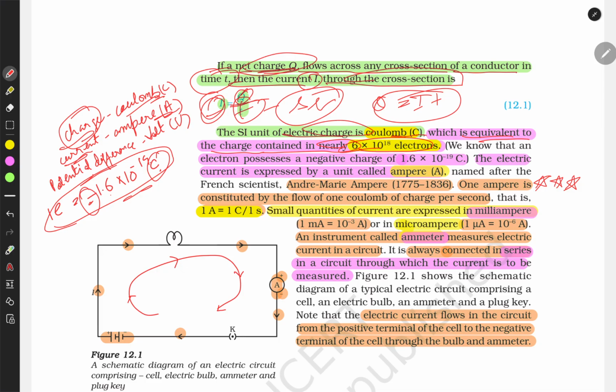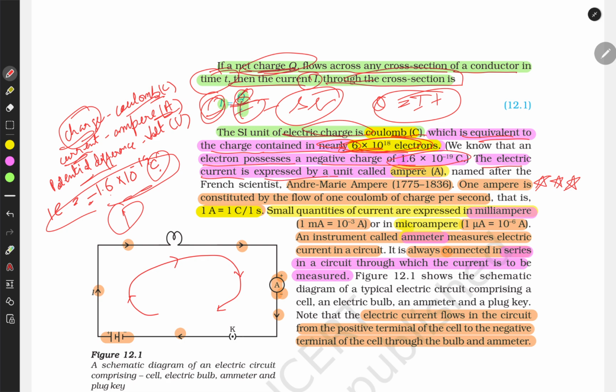If each electron has this much charge, how many electrons will form 1 coulomb of charge? So 6 times 10 to the power 18 electrons will form 1 coulomb of charge combined.